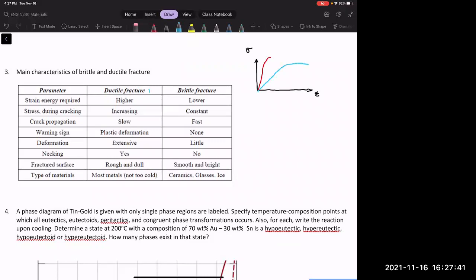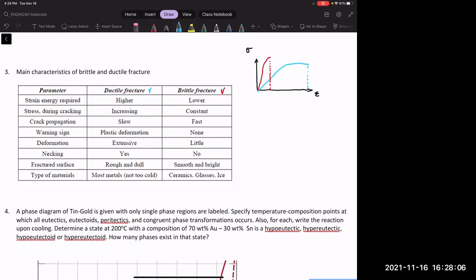So this is the ductile and this is the brittle. The strain energy simply represents how much area is under this curve. So which one has a larger area? Well, the ductile has a larger area. And just based on the area, you can tell which one is higher, which one is lower.